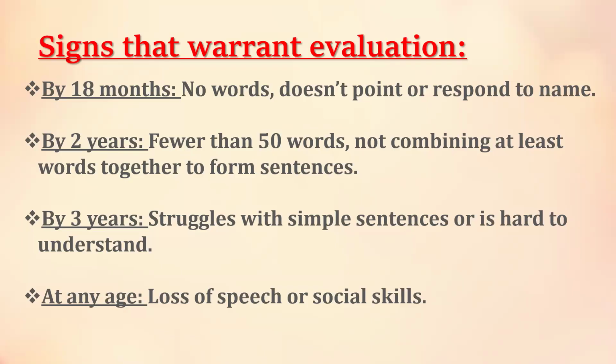If by the age of 3 years old, the child is struggling with simple sentences or is hard to understand, this warrants further evaluation. And if at any age the child has a loss of speech or social skills, this is a sign that warrants further evaluation.